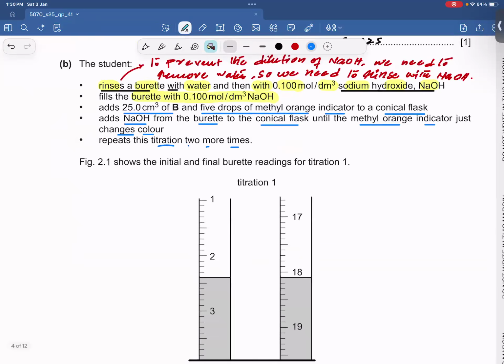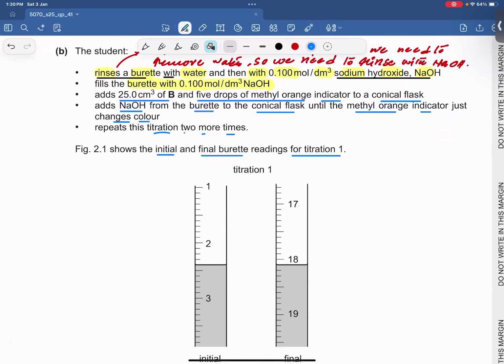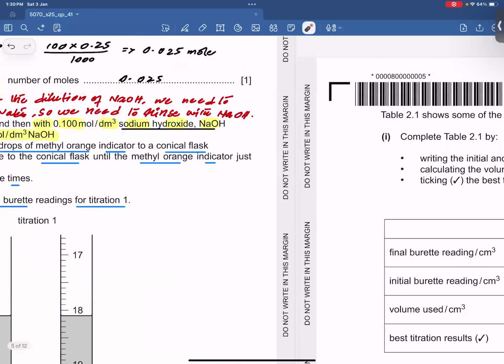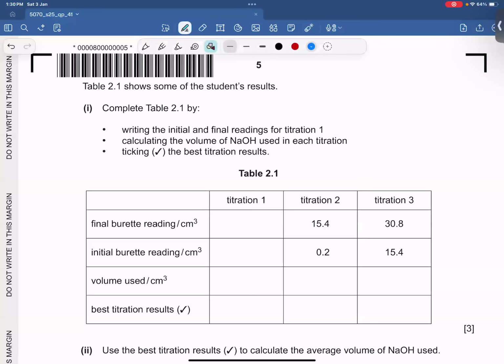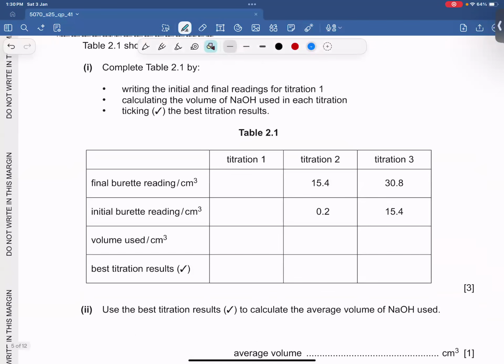Show the initial and final burette readings for titration 1. This is 2.4, and this is 18.1, okay? Let me write the initial and final burette readings for titration 1. It's basically 2.4 and 18.1.